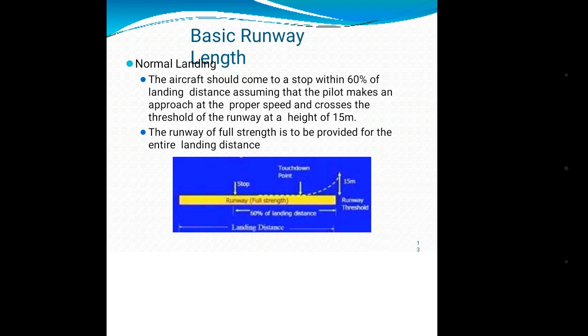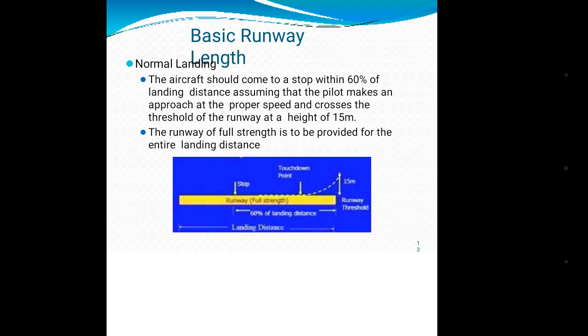First is the normal landing case. The aircraft should come to a stop within 60% of the landing distance, assuming that the pilot makes an approach at a proper speed and crosses the threshold of the runway at a height of 15 meters.